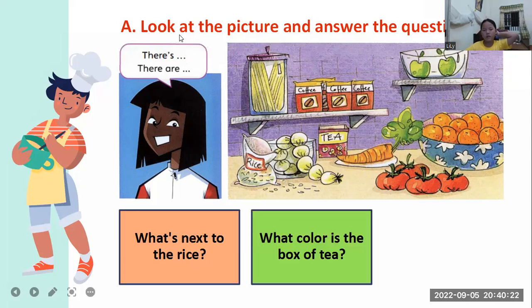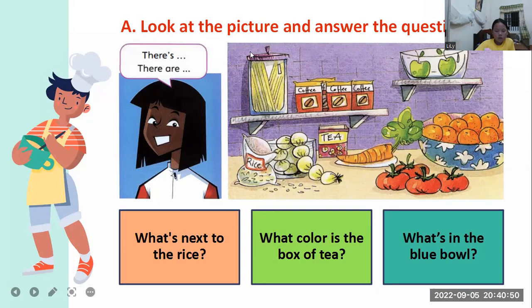Okay, what color is the box of tea? Red. What color is the box of tea? There's red and yellow. Okay, they are red and yellow.